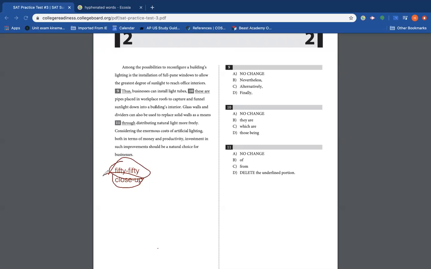Hyphens in a sentence? Or do you mean dashes? They're two different things. Okay, I'll go over both. There's one way you use a hyphen in a sentence.